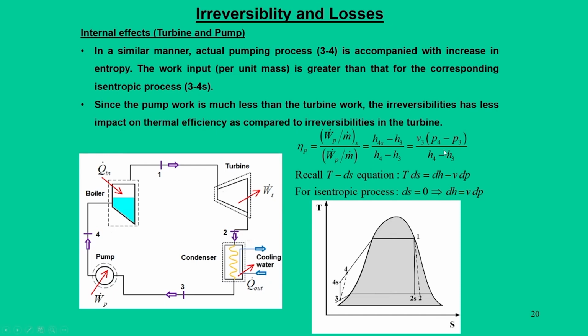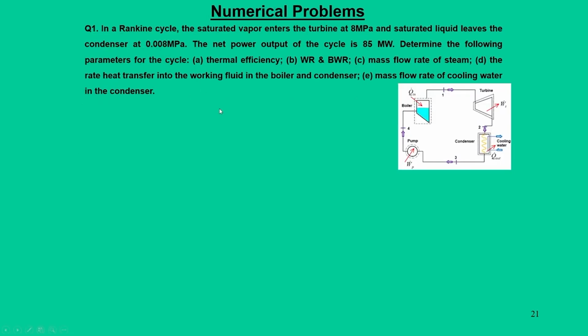With this basic background, let us try to solve some numerical problems. The first problem is again an ideal Rankine cycle, which says that saturated vapor enters the turbine at 8 megapascal. So 8 megapascal means state 1.